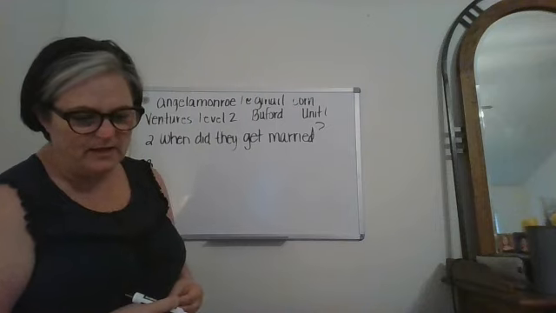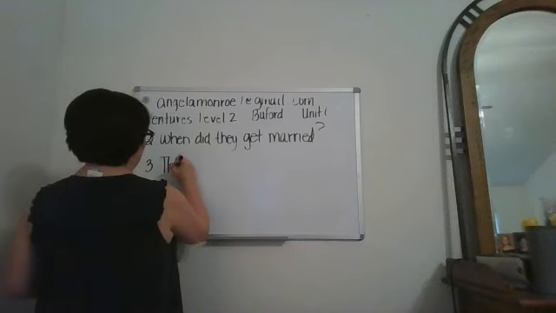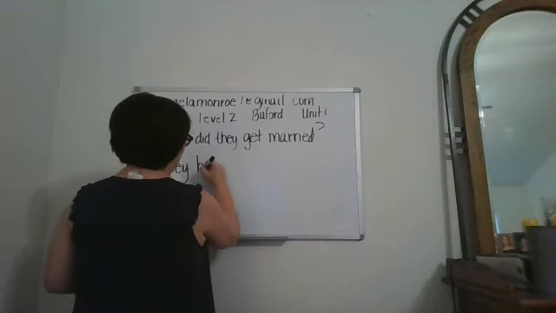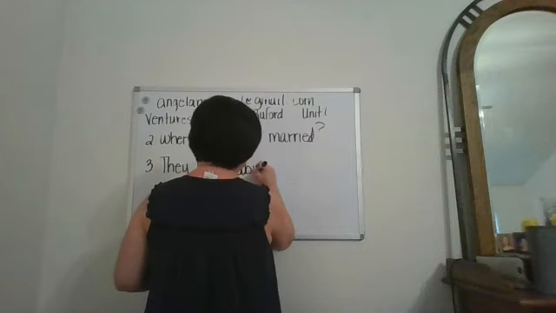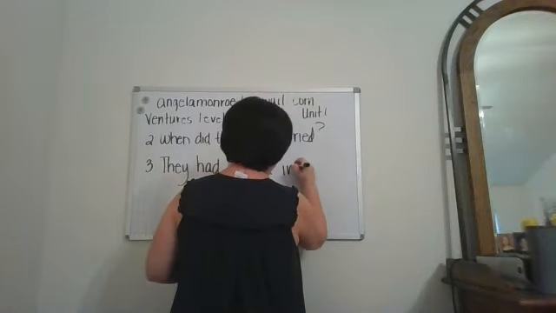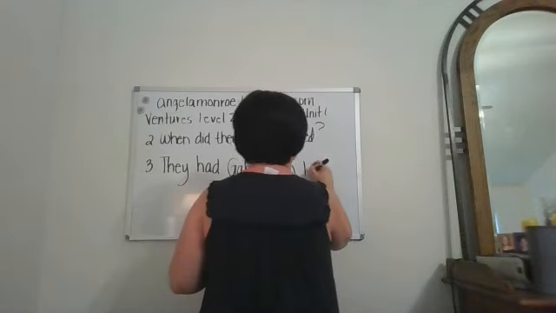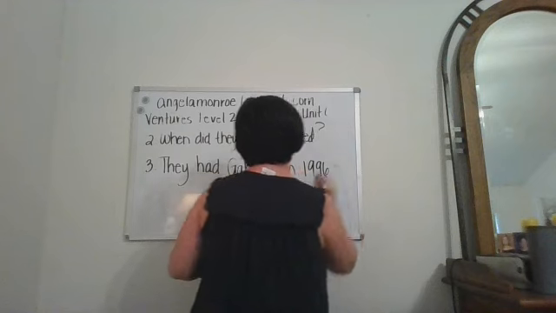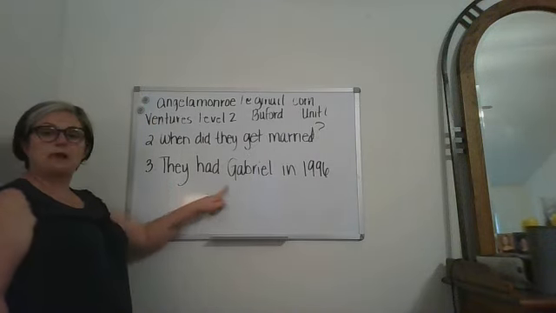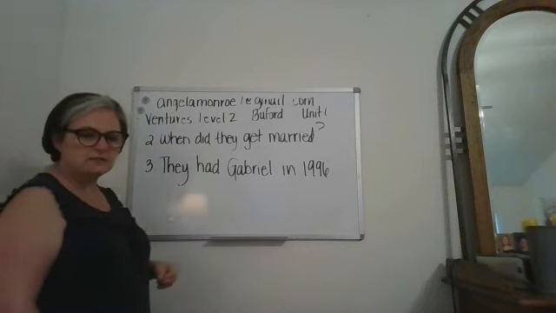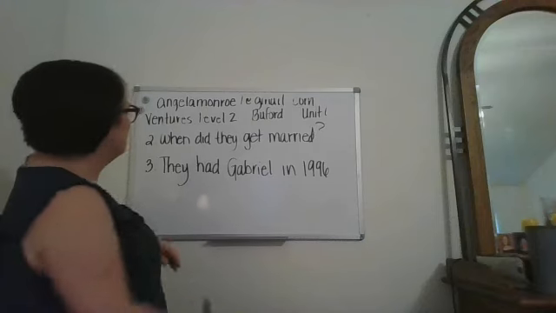Okay, number 3. When did they have Gabriel? Look at the timeline. They had Gabriel in what year? 1996, right? So on the timeline, they, or you can say Elsa and Pablo had Gabriel in 1996. Either is correct. So number 4, the answer is they had Clara in 1999.